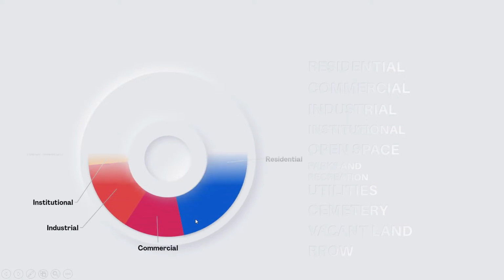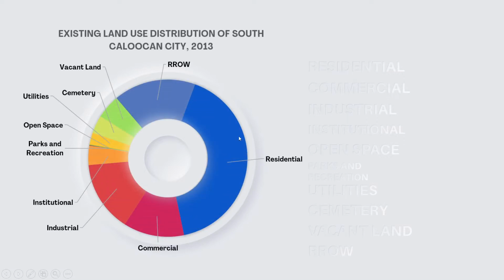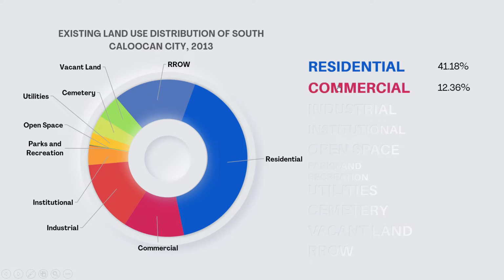The first cultural factor is existing land use distribution. Residential has 41.8% land use distribution that pertains to the dwelling and housing in the city. For the commercial land use, that has 12.36% of the land pertaining to business and retail purposes.